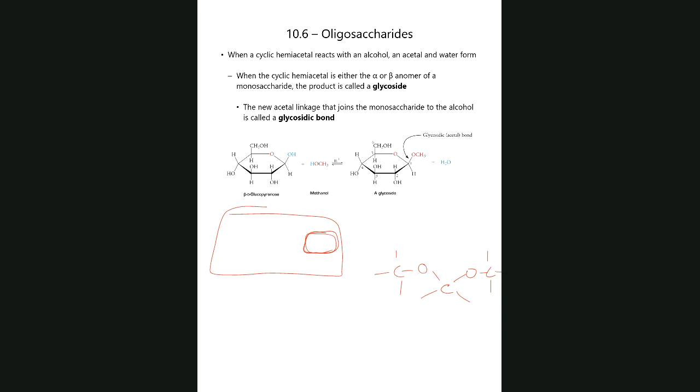what happens is that there's an exchange process that happens with the ring structure. The mechanism is beyond the scope of this course. And those of you who are in organic chemistry are going to see this, but here we're just going to sort of do the magic behind the scenes.